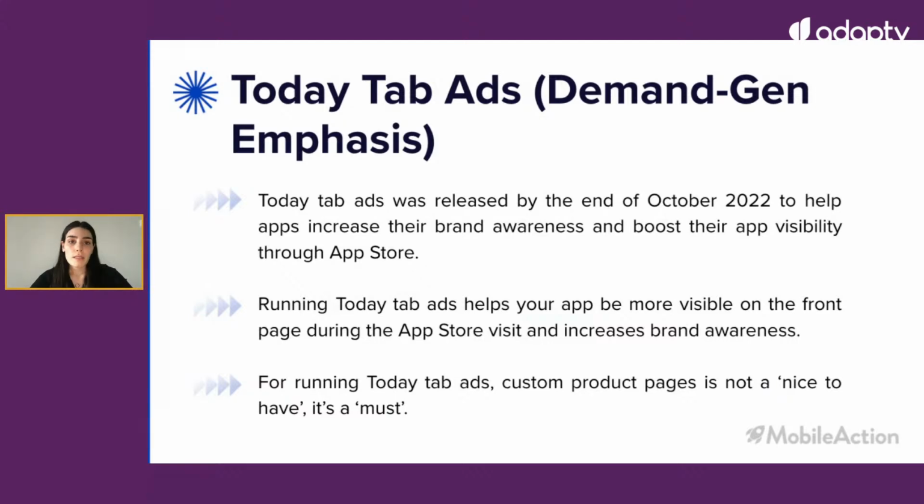The good thing is Today Tab ads work on a cost-per-tap basis. So you get tons of impressions, but you only pay per tap. And of course, I'm not even talking about the benefits of the two other ad placements. You can get the most out of a multi-placement advertising strategy by just leveraging Today Tab ads.